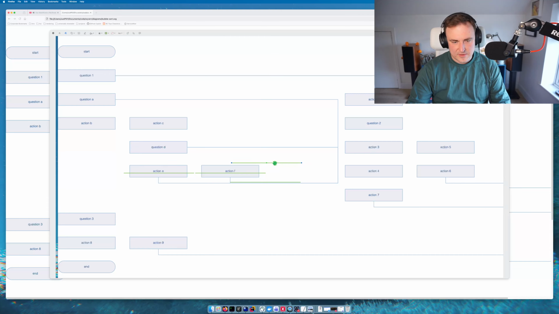So the first connection should be somewhere here.